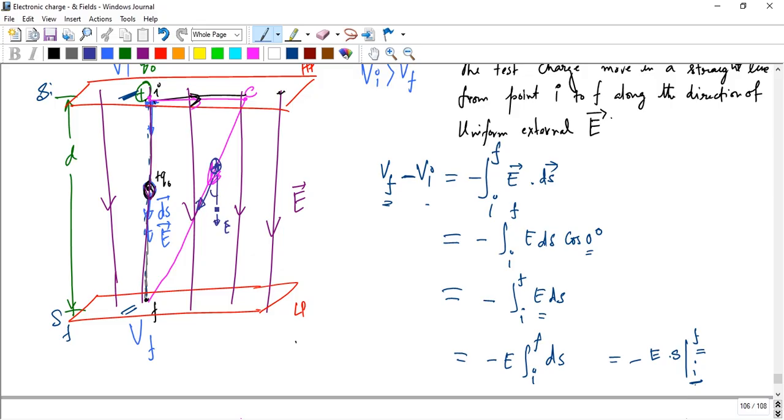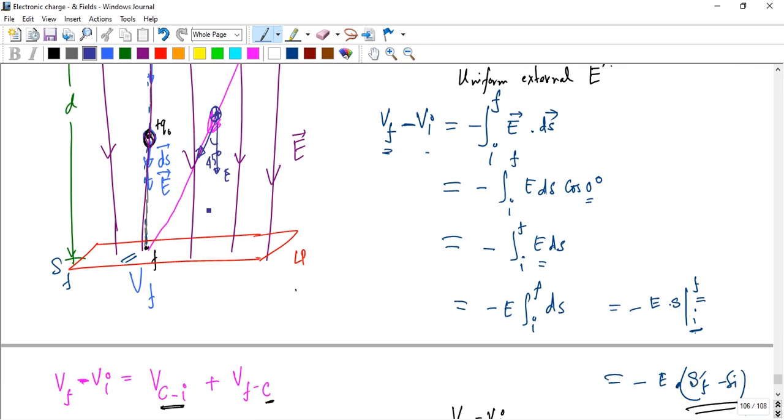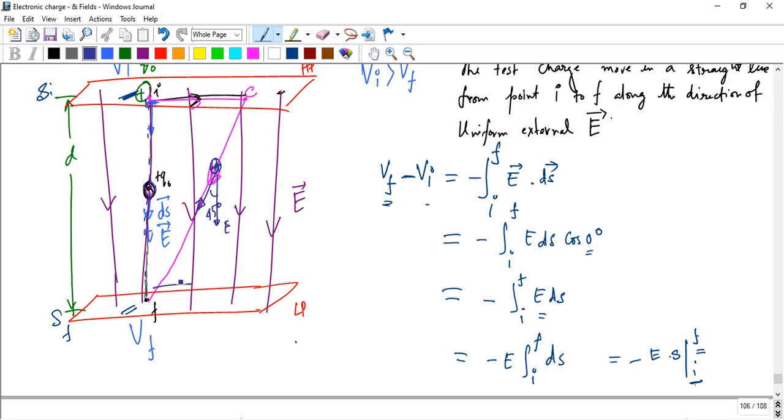I say this angle is 45 degrees for easy calculation. Sorry, not that one, this angle is 45 degrees.